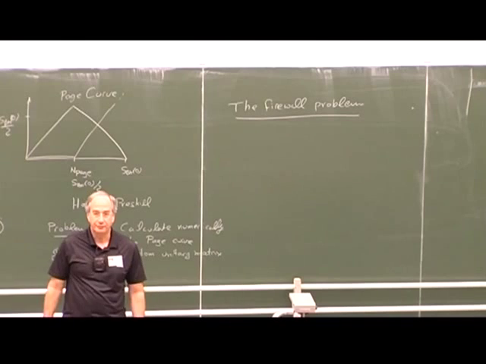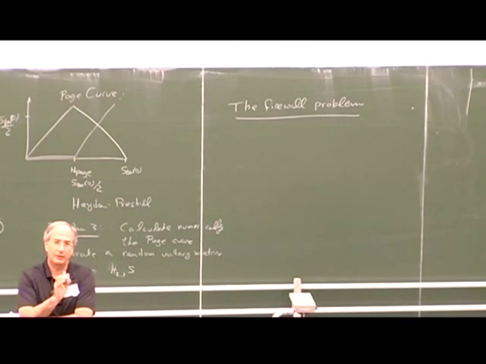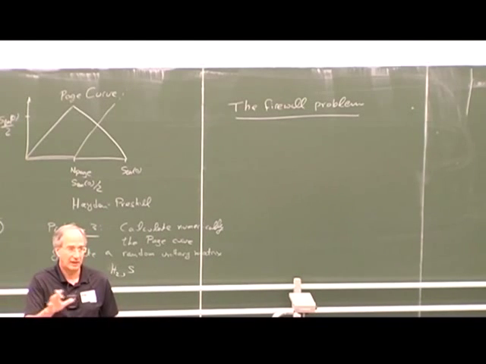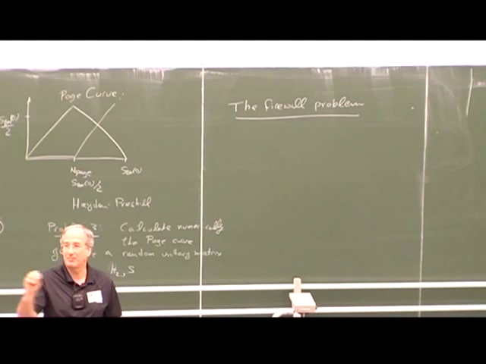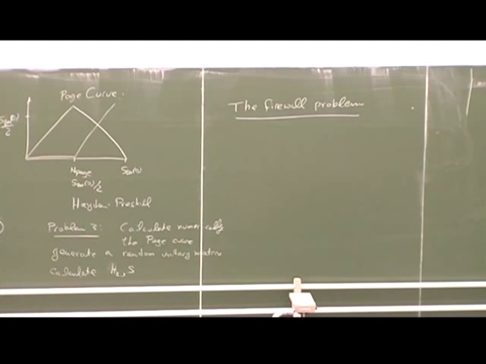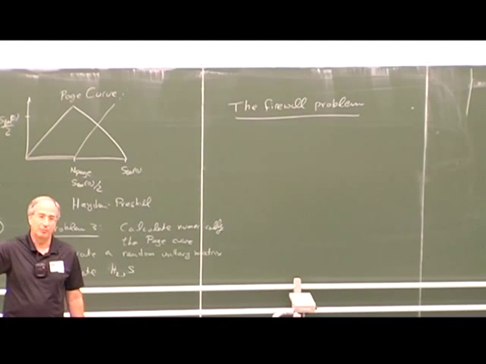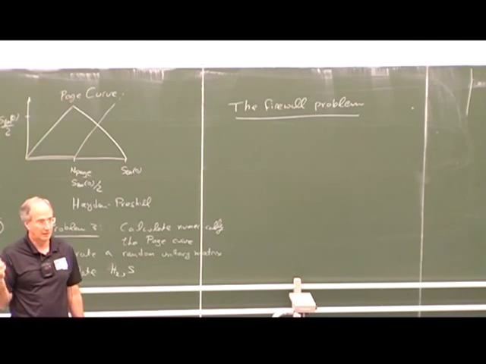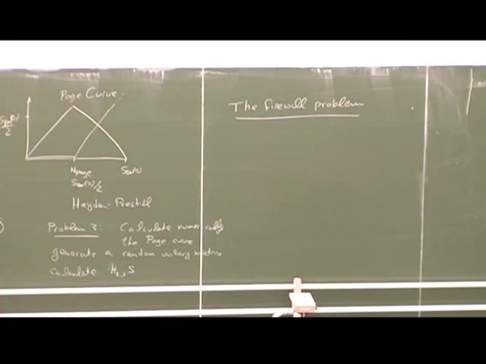Okay, so what we did so far, you remember that in the Page-type modeling, we didn't have any explicit dynamics. We just used some quantum information considerations about the density matrix and so on. And now what we would like to do is to combine this approach, the Page model, with some dynamics that we want to borrow from the Hawking model that we went over in the first lecture.